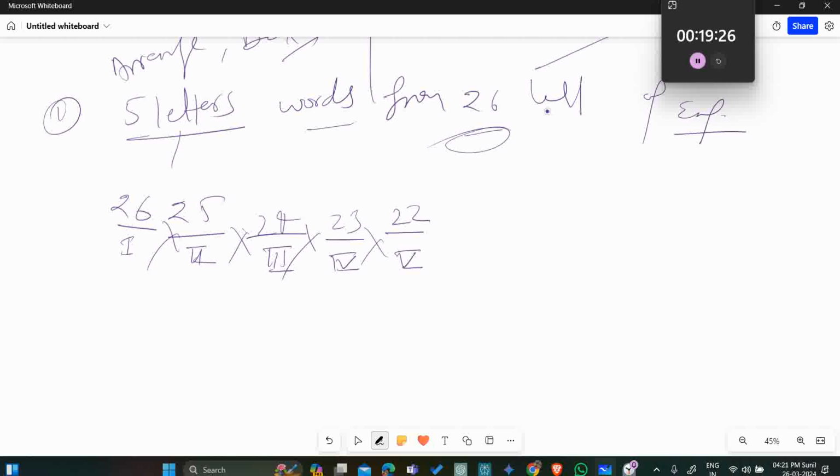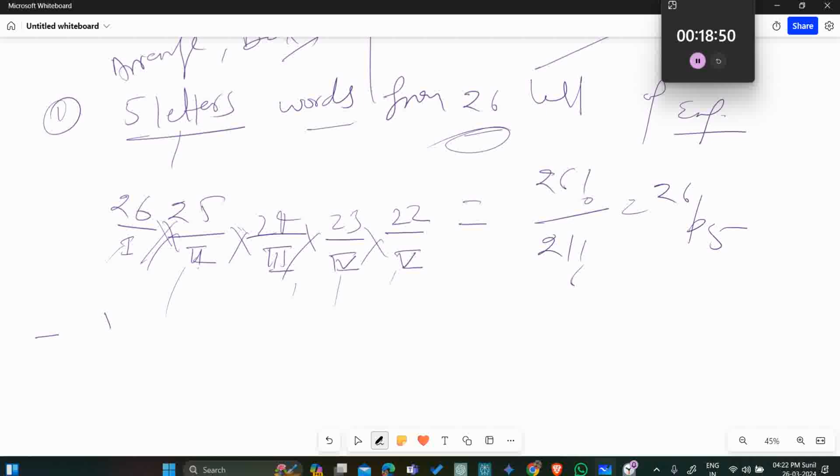After doing this, we will do one by one. Alright. So by the multiplication rule we can sum up like this: 26 factorial upon 21 factorial, which is 26P5. Alright.